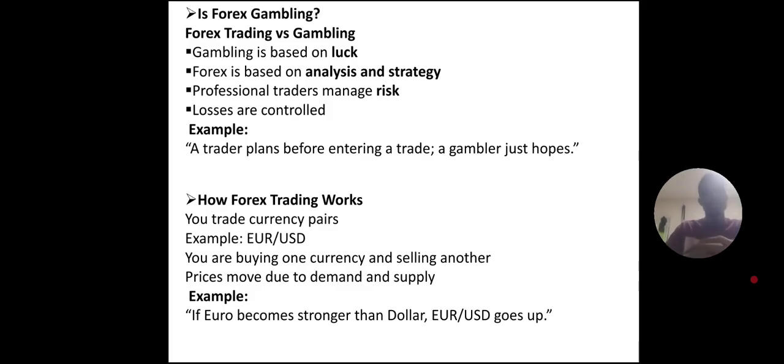Now let me explain. You are trading the currency pair EUR/USD. If euro goes up, you are going to buy. If euro goes down, you are going to sell. In this EUR/USD, the euro is the base currency, the USD is the quote currency.